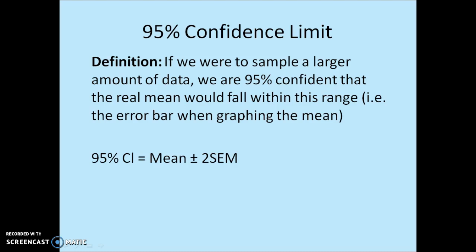So we can calculate the 95% confidence limit by taking the mean value for your data set, and you can add 2 standard errors to get the upper part of the range, and you can subtract 2 standard errors to get the bottom of the range.